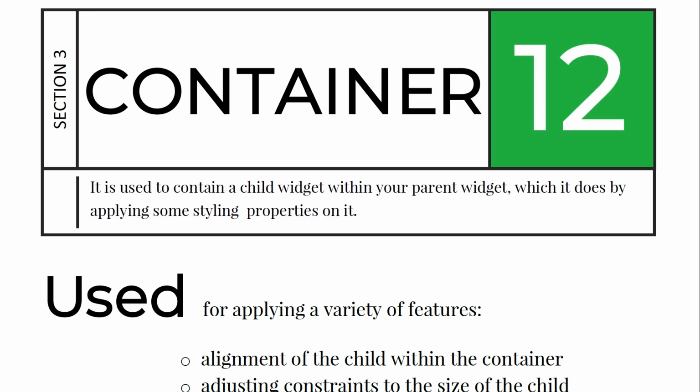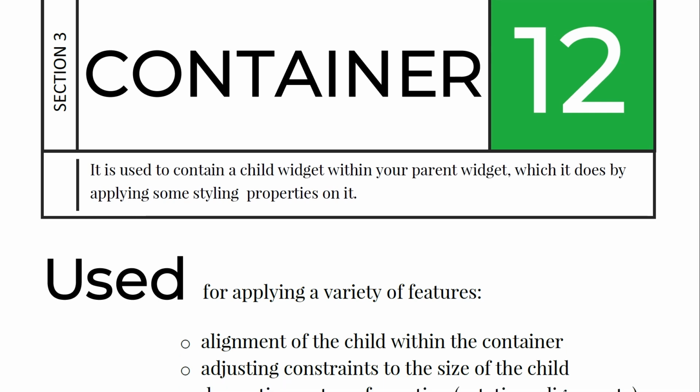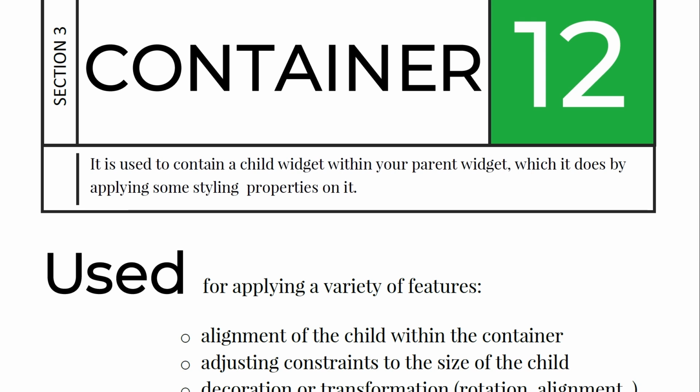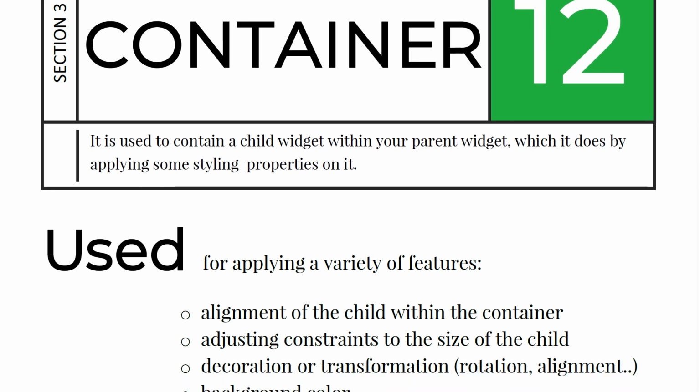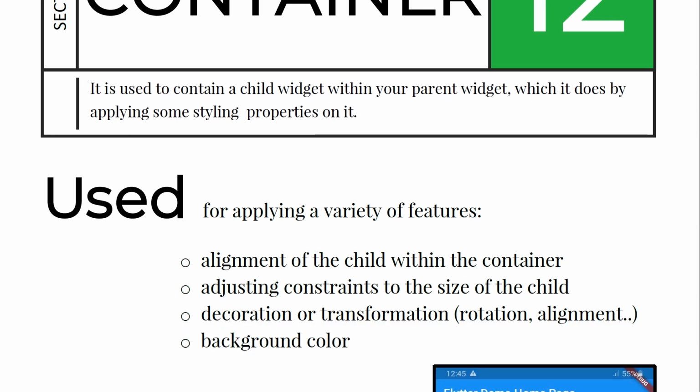So let's begin designing and making the container widget and the button. So what is a container? It is used to contain a child widget within your parent widget, which it does by applying some styling properties on it.